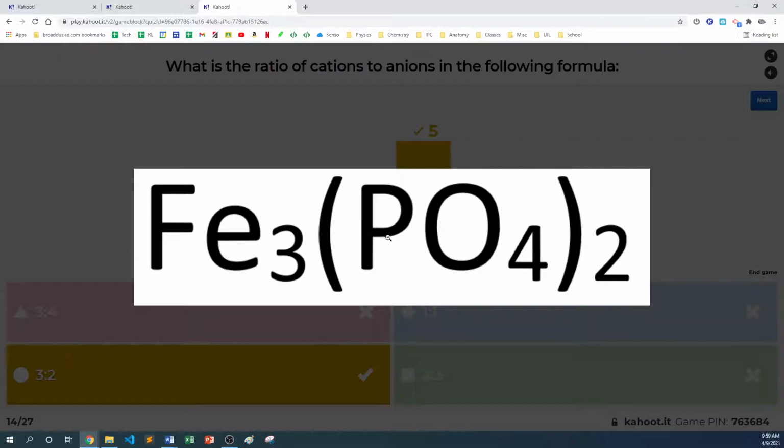It has a cation, which is always written in the front. So the cation would be iron, Fe. And the anion is always written next. The anion here is phosphate, PO4. So this is considered one anion, or one ion of it. So they always have exactly two ions: the positive cation and the negative anion. And the anions sometimes have more than one element, and they're called polyatomic, meaning more than one atom.